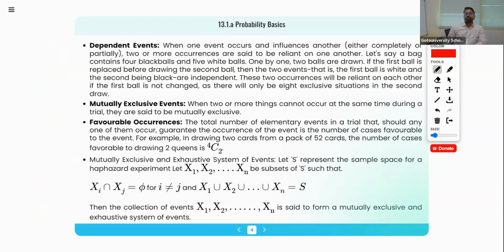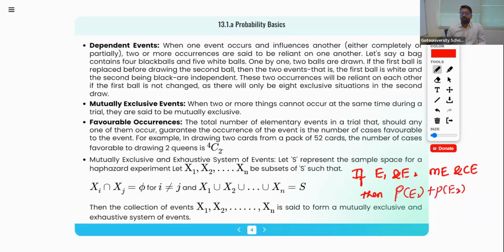So it is very, very important to understand whether the given events are mutually exclusive and collectively exhaustive or not. Because if E1 and E2 are two events which are mutually exclusive as well as collectively exhaustive, then I can definitely say the sum of their probabilities will be equal to 1.